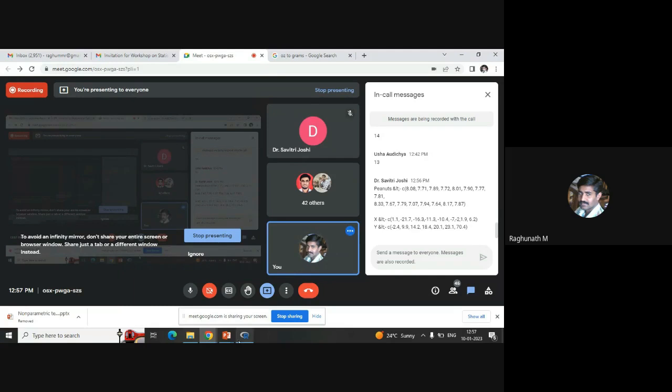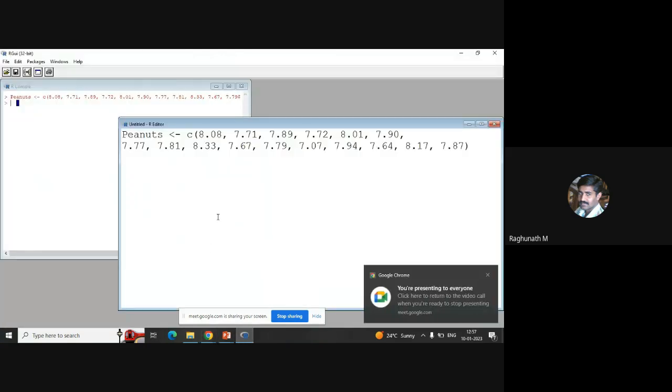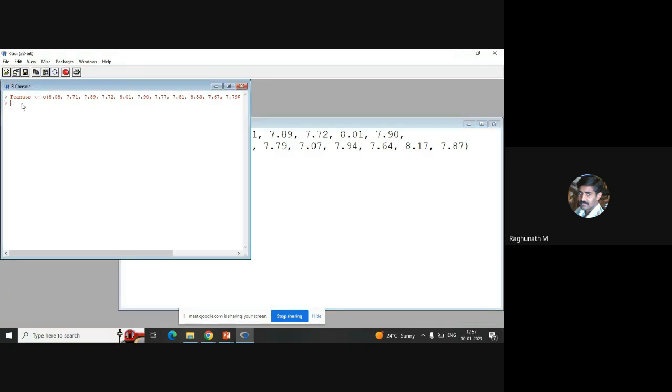Now, for this data, what we shall do is test how many observations are there. Just type length of peanuts. You have to make sure the variable name is correct, because these are case sensitive.